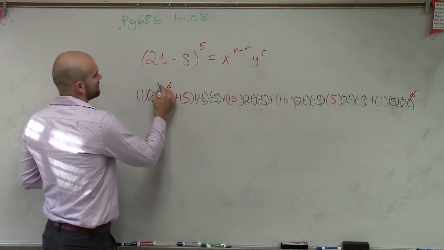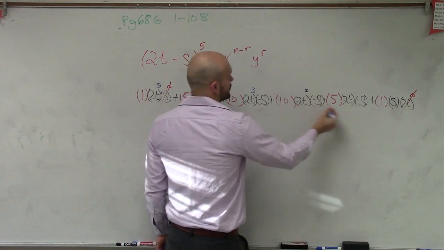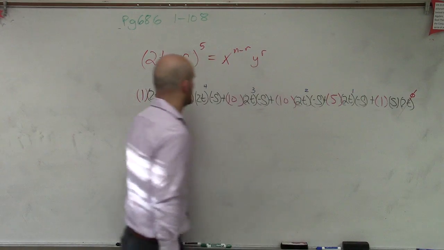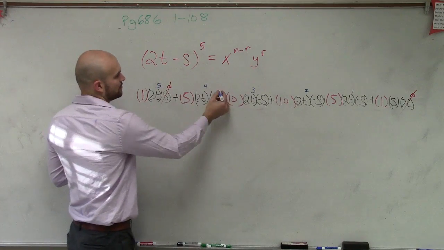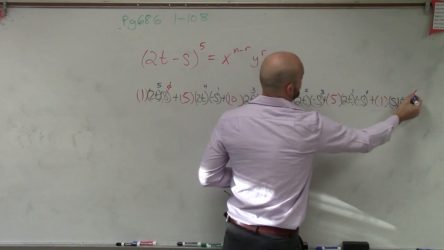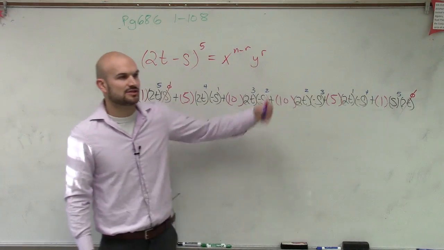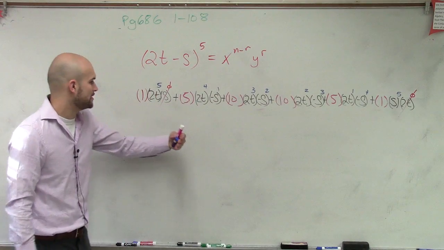So 2t starts at 5, then goes to 4, 3, 2, 1, and then 0. Our s starts at 0, goes to 1, 2, 3, 4, 5. Okay? So that was the relationship that we already learned in our binomial expansion.